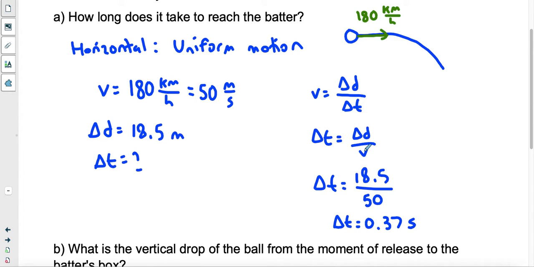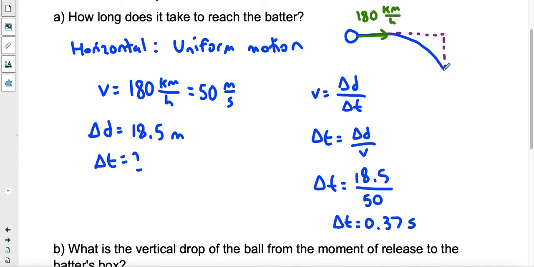Part B. What is the vertical drop of the ball from the moment of release to the batter's box? Like I said before, there's really two components of this motion. We have the horizontal component, which we just considered, and we have the vertical component of this motion, the up or down component.